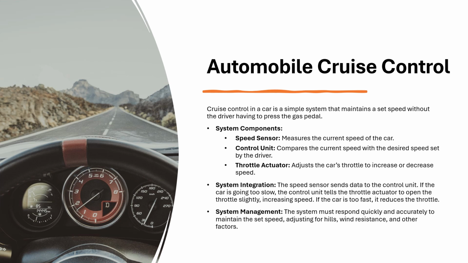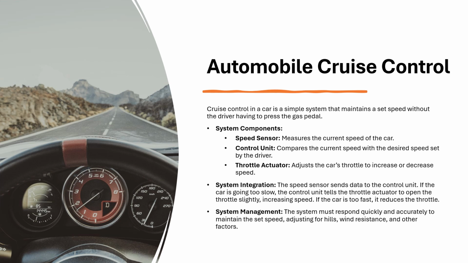And how you integrate it: the speed sensor sends constant speed information to the control unit, and if the car is going too slow, the control unit tells the throttle to open slightly, increasing the speed. If the car is too fast, it reduces the throttle, and if there's also a braking system, it will apply the brakes.